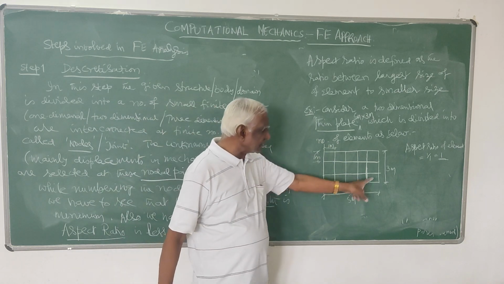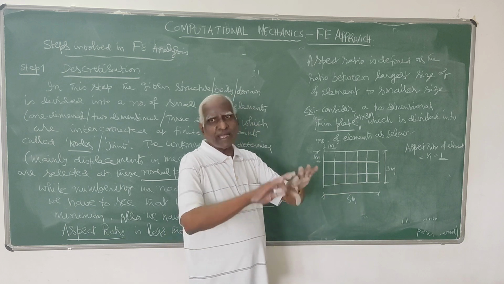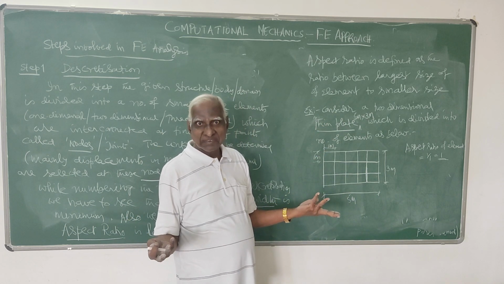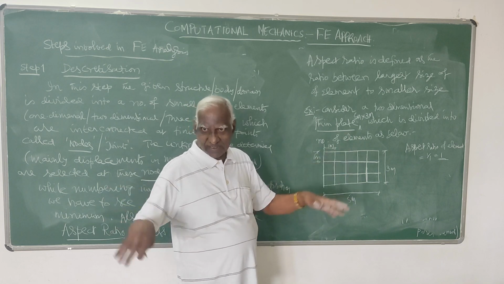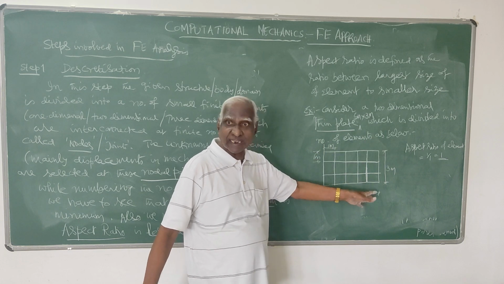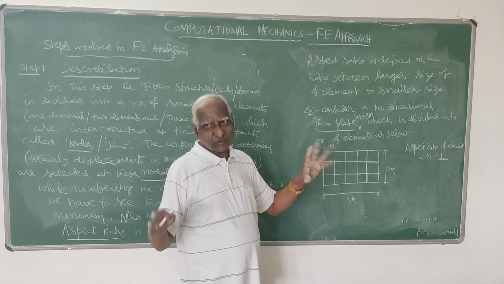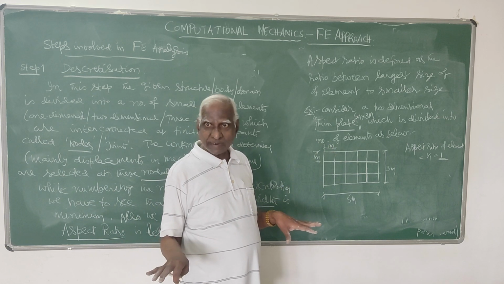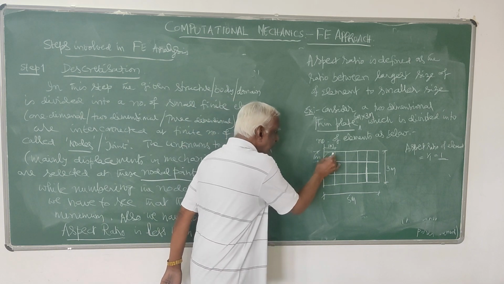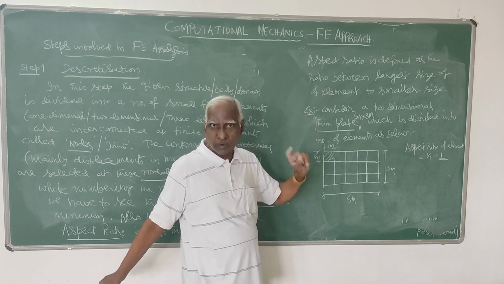I have intentionally taken different sizes, 5 meters and 3 meters. If they are of the same size, well, it doesn't matter, it is a square. But it depends on the division; you can go for fewer divisions on one side. So only with respect to the element I am talking about. We are all talking about element properties, this aspect ratio.